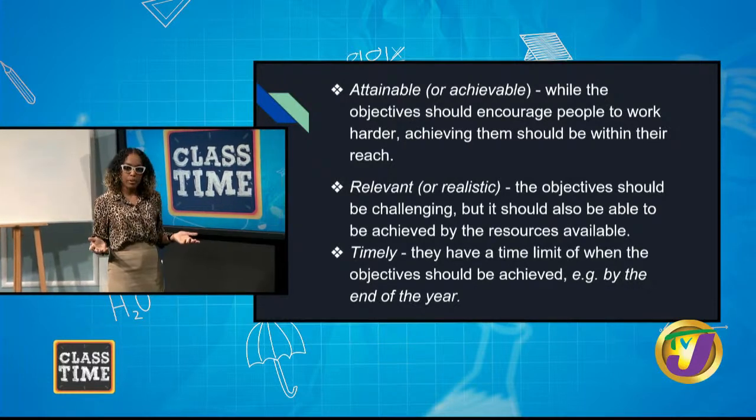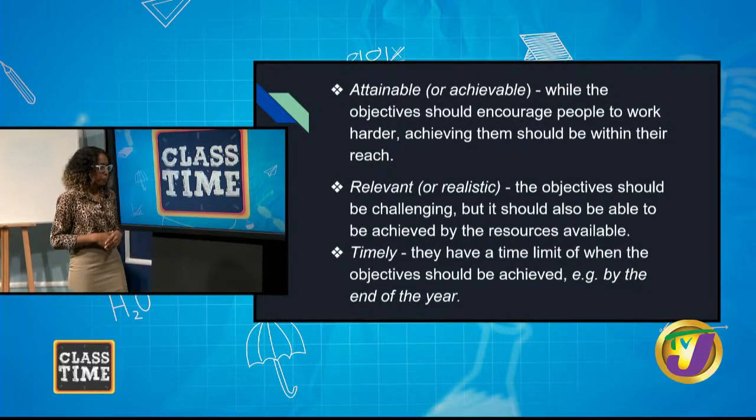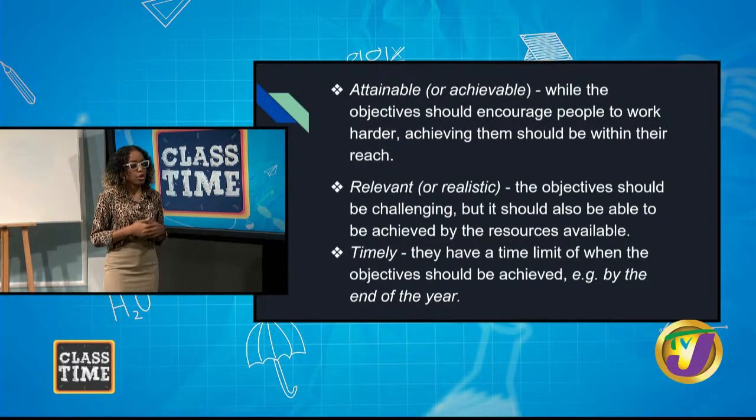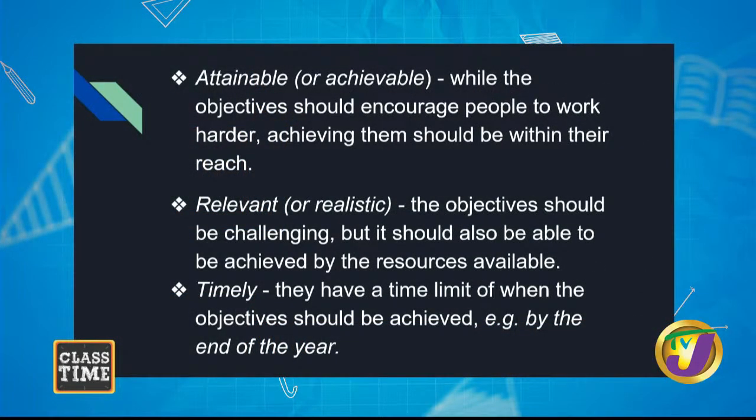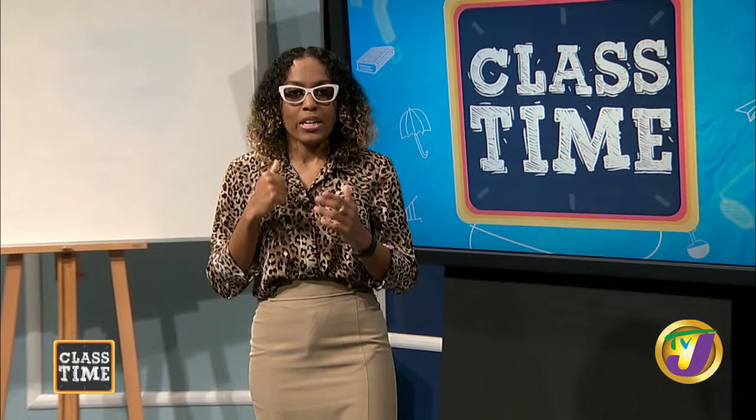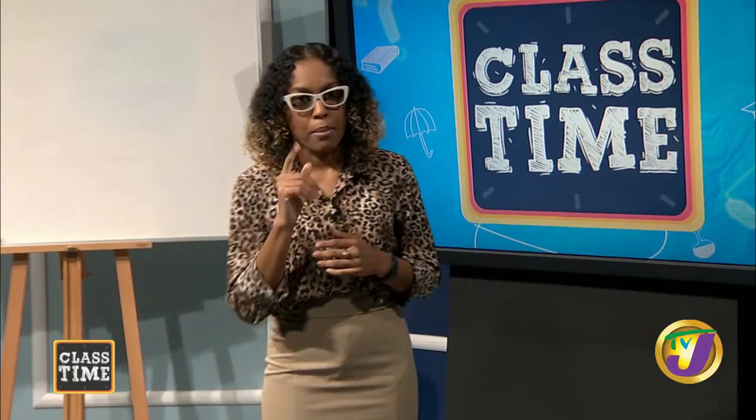For attainable or achievable, while the objectives should encourage people to work harder, achieving them should be within their reach. You know, at times, companies think that we're just here to make a lot of money and I don't care what you want to do. You're going to ensure that at the end, we reach the profit margin that we want to get to. You have to think about your employees.